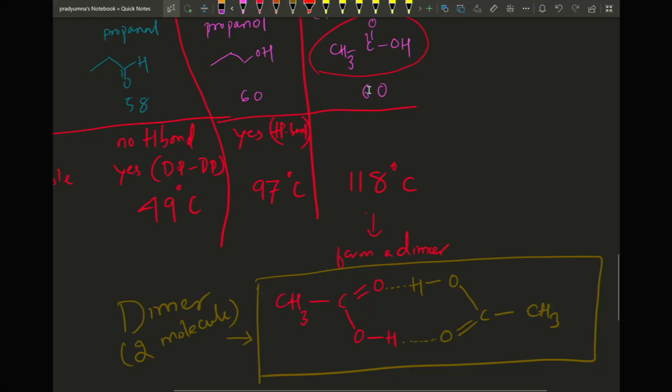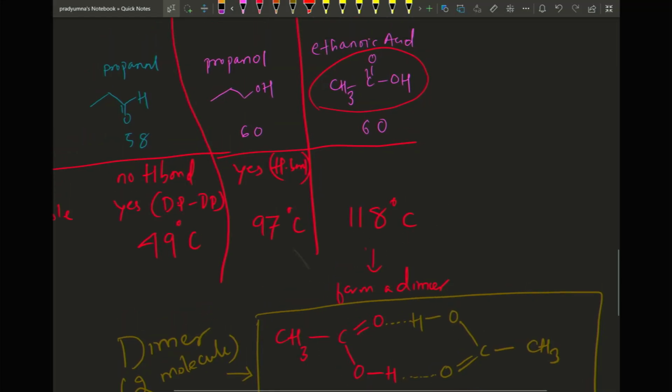So instead of 60, the effective mass of this molecule becomes 120. And we know the higher the mass, the higher the boiling point, right? Because it has two polar groups, one is OH, another one is carbonyl, it could form a dimer, which is a much stronger interaction, and as a result the boiling point increases.